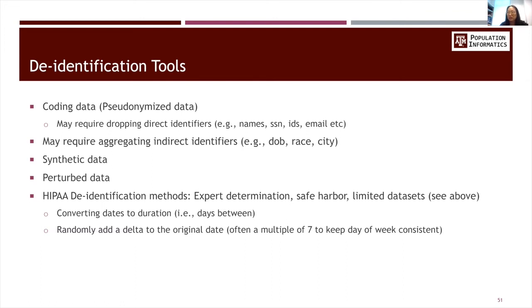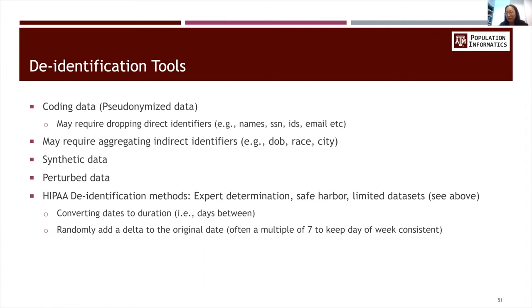So here are the different things that you can do if you're trying to make a de-identified data set. The most common is called coding data, or sometimes it's called pseudonymized data. And this is something I think if I explain what it is, you might not know the technical terms, but when you do surveys, you attach a random unique ID to your study participant, that's coded data.